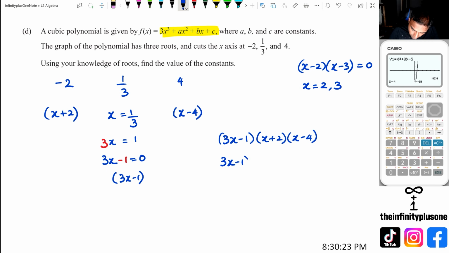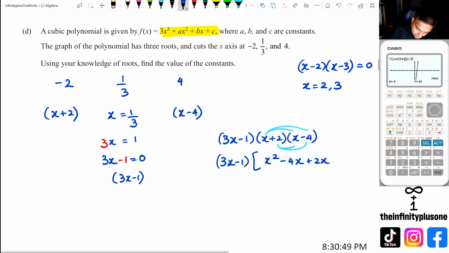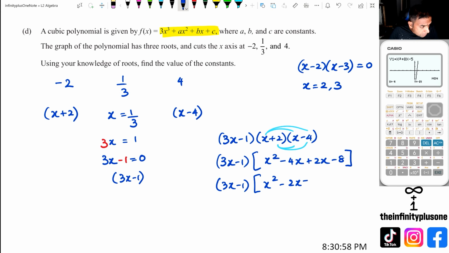Actually, I might do this the long method. First, I've got x and x, which is x squared. Then I've got -4x. Then I've got 2x. And then finally, I've got -8. So I've got 3x minus 1 brackets x squared minus 2x minus 8.